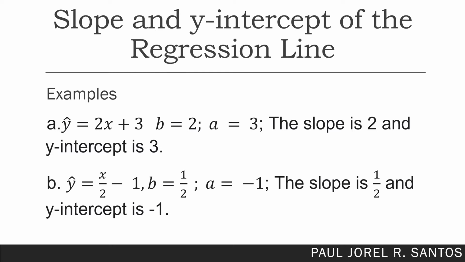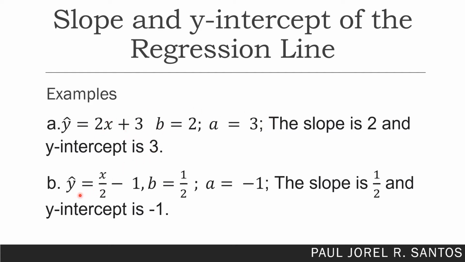As we can see, the value of b is 2, which is the slope, while a is 3, that means the y-intercept is 3. We can locate here 2 and we can locate here 3.